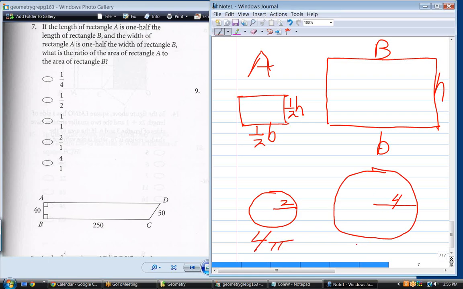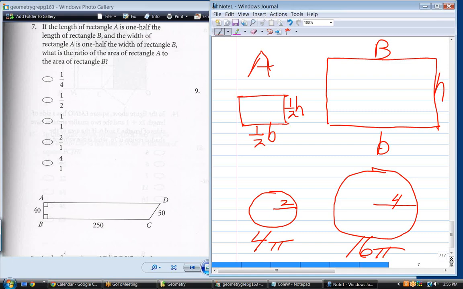But this is pi r squared, that's 16 pi. So when you're looking at what I call the linear dimension, which is the radius, or in this case either the base or the height, that's one dimension. And when you go to a different object where the one dimension ratios are 2 to 1, the area ratios are always going to be the square of that.